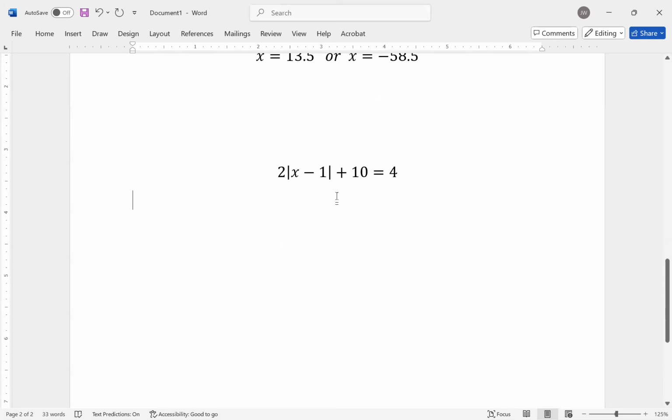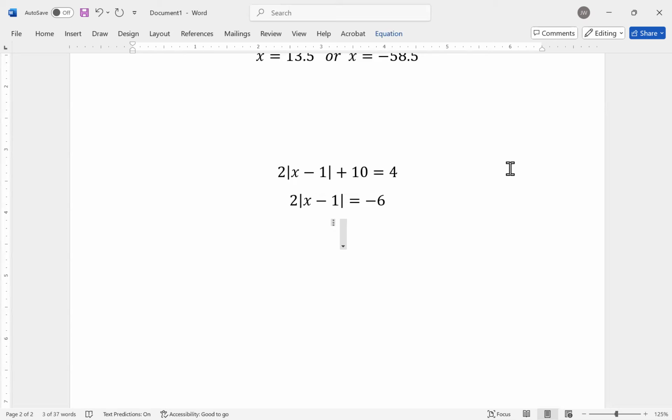In this other equation, I would start by subtracting 10 from each side. I'd have 2 times the absolute value of x minus 1 set equal to negative 6. When I subtract 10 from both sides, that's what I get. And then I would go ahead and divide by 2.